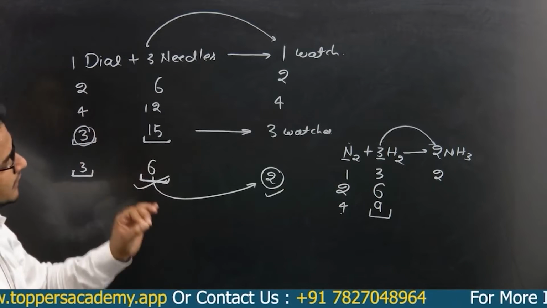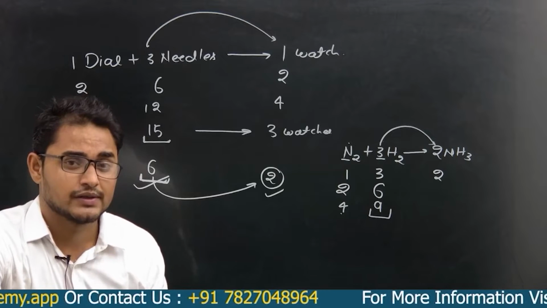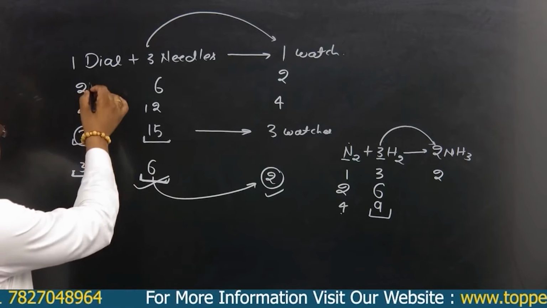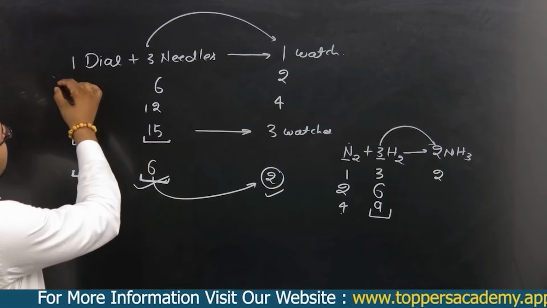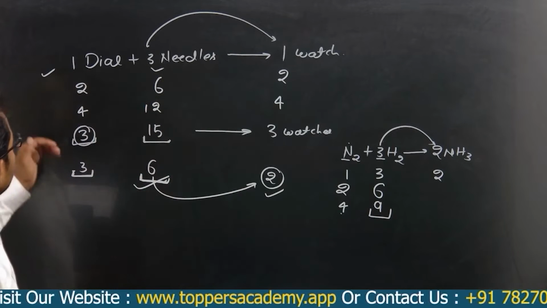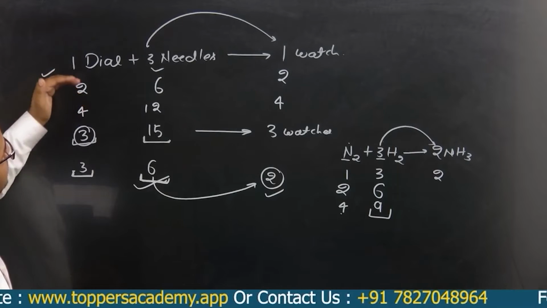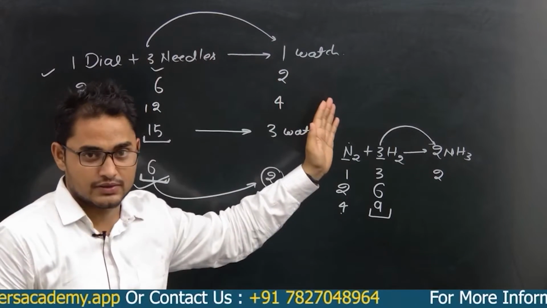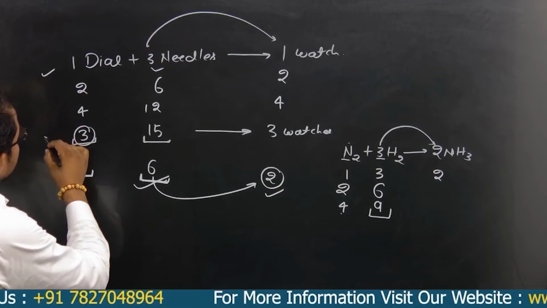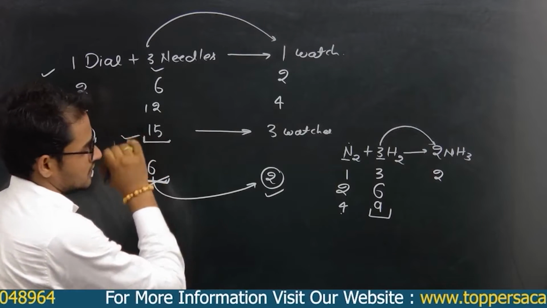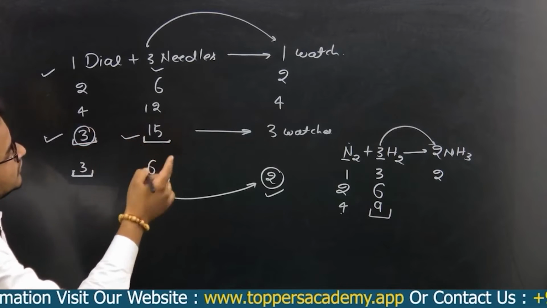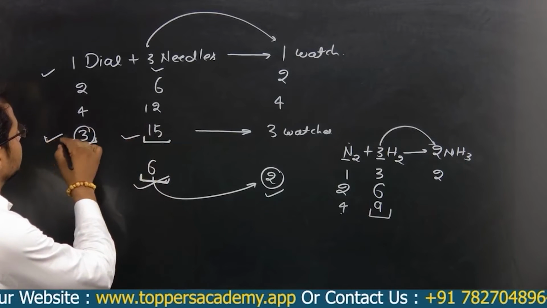So this is applicable where the stoichiometric coefficient is not 1. So we deal with it in this way. Okay, let me recall this. We saw that 1 dial and 3 needles form 1 watch. So obviously, 2 dials with 6 needles will form 2 watches. But if we take 3 dials and 15 needles, then according to the number of dials, the number of watches will be formed, because the dial is the limiting reagent.